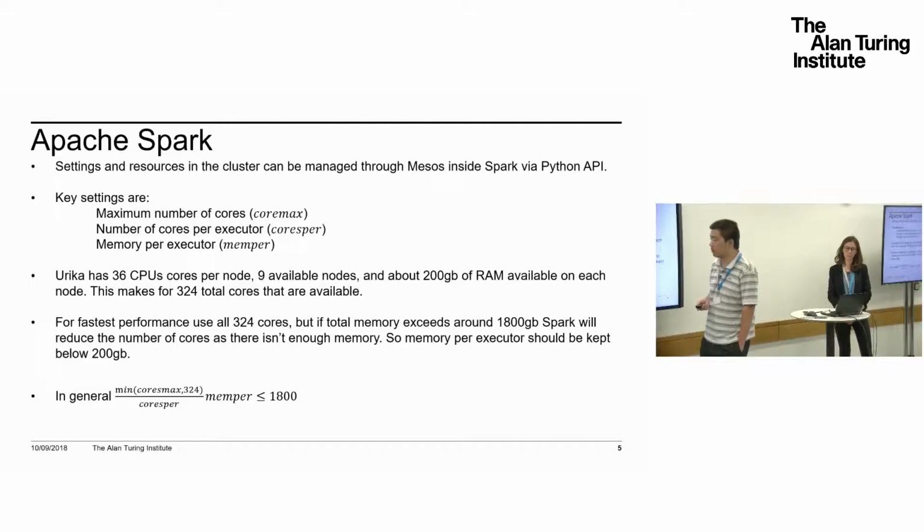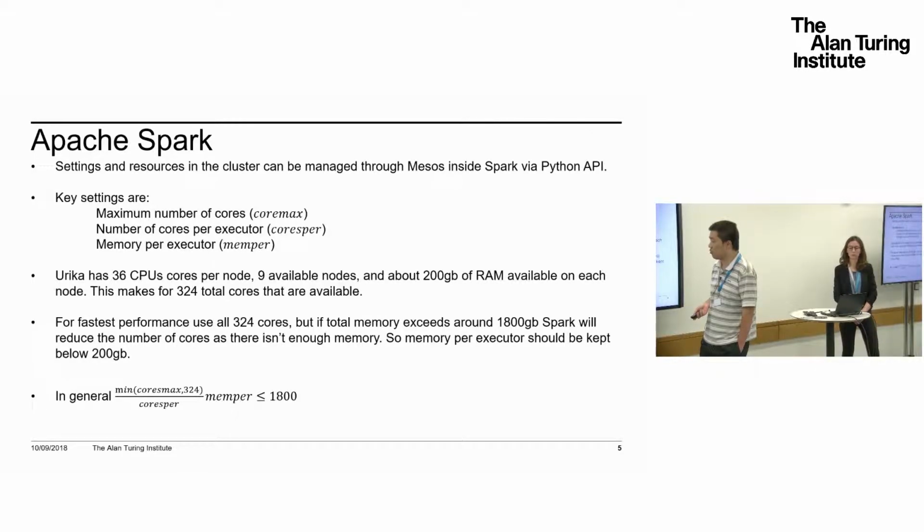So in total, this makes for exactly 324 cores which we can run in parallel for any job. For the fastest performance, we want to use all of the cores, but there is one restriction we have to take into account, which is that the total memory is only about 1,800 gigabytes, which just comes from the fact that each node has about 200 gigabytes of RAM, and you've got 9 of them.